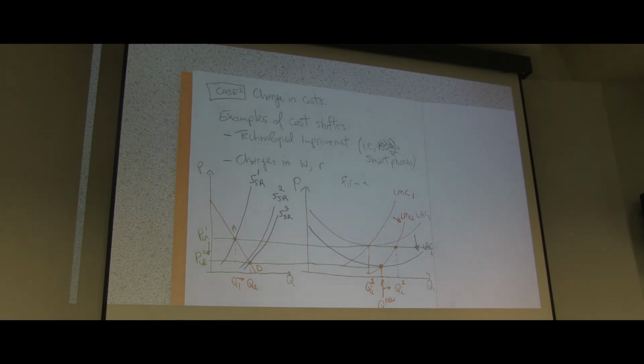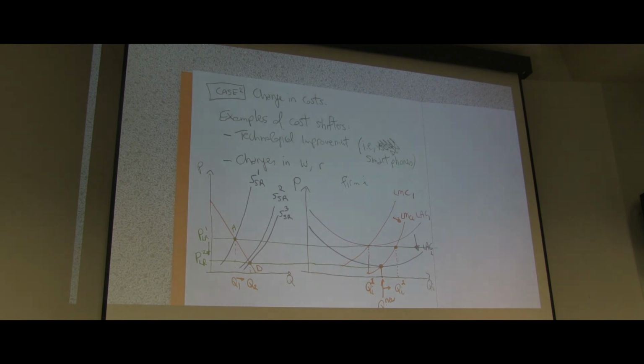Now the beauty of this is that all firms here are price takers, so the fact that you're going to produce more is not going to affect the overall price. It just simply means that you're going to produce more and you're going to be making profits. And you will be willing to pay as much as the value of those profits in the patent to acquire that technology. That's the principle.